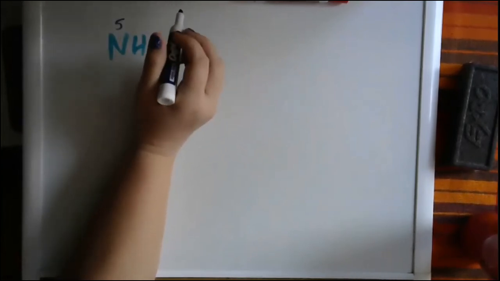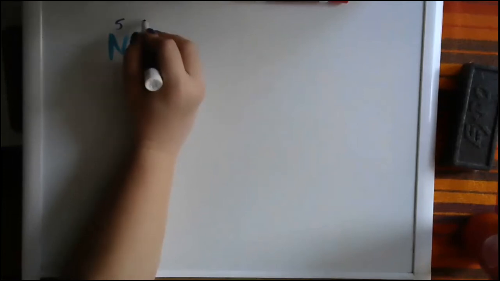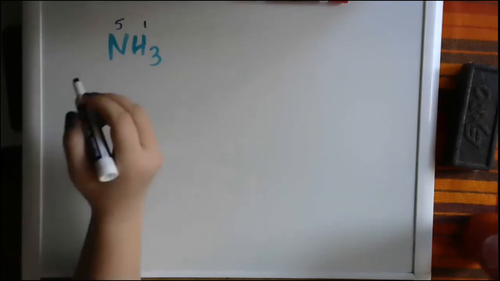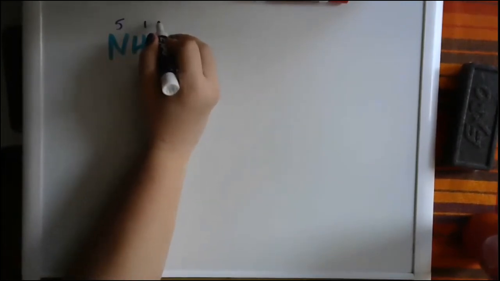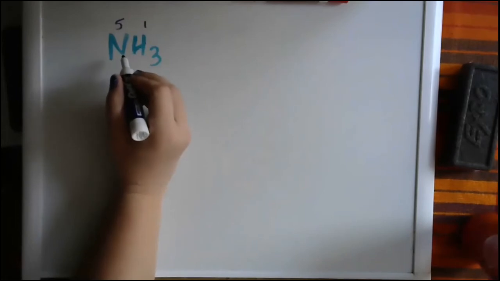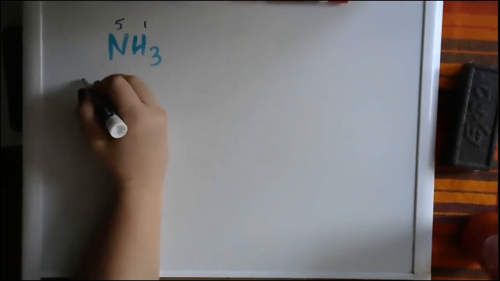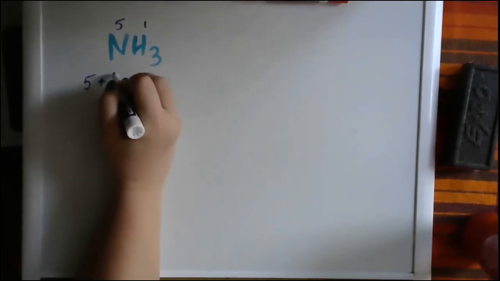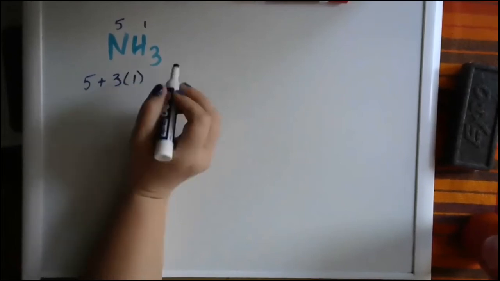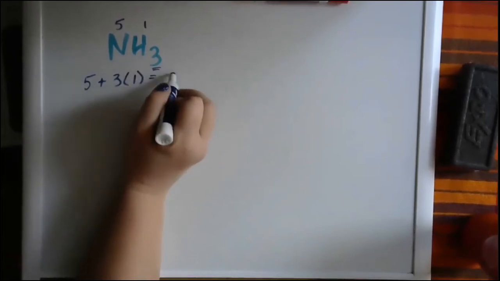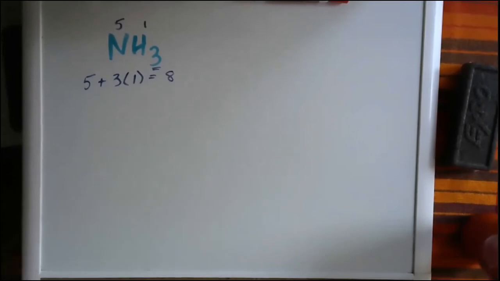I know that because nitrogen's in group 5. Every hydrogen has 1 valence electron. It's in group 1. So now I'm going to figure out how many valence electrons I have available by adding them all together. So 5 plus 3 times 1, because I've got 3 hydrogens. So I have 8 valence electrons available for this structure.